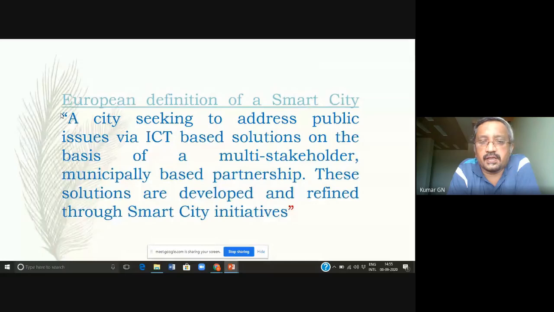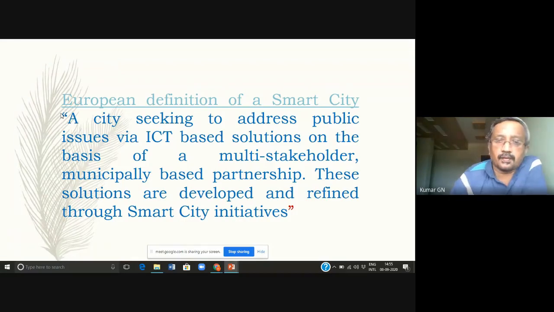A multi-stakeholder means the government or the governing body, including the private part, the investor and the local people, including the local administration, should be involved and make the city comfortable for the people. These solutions are developed and refined through smart initiatives.